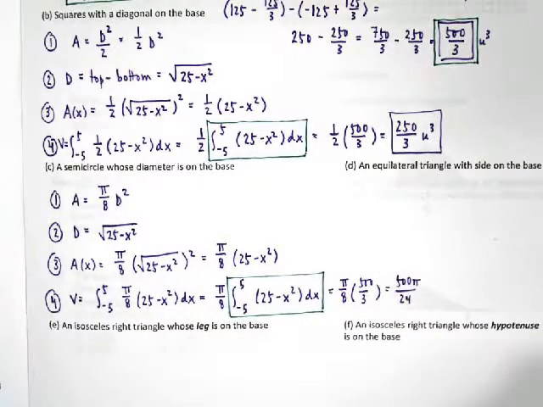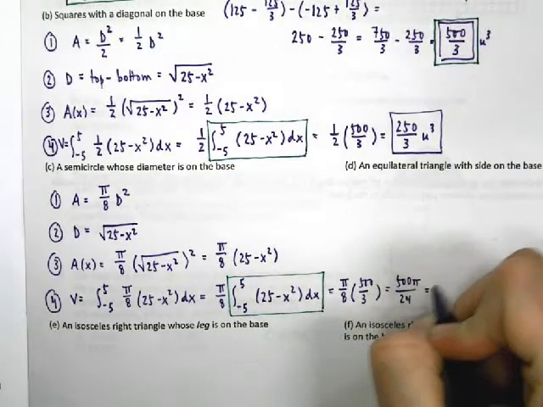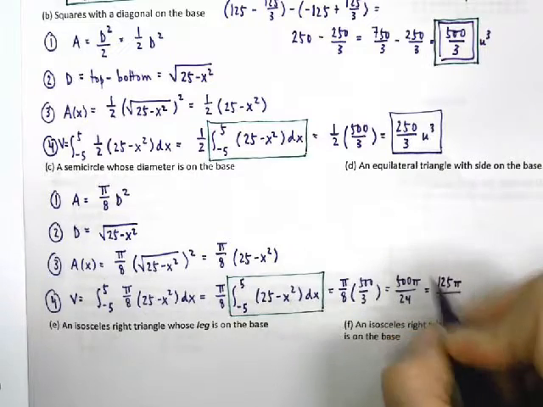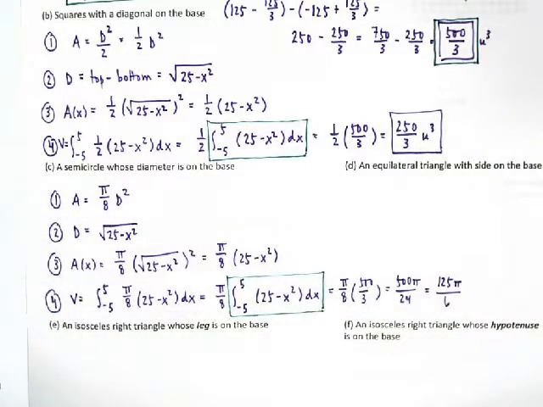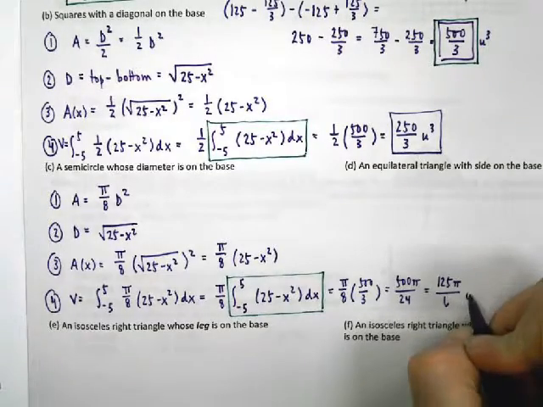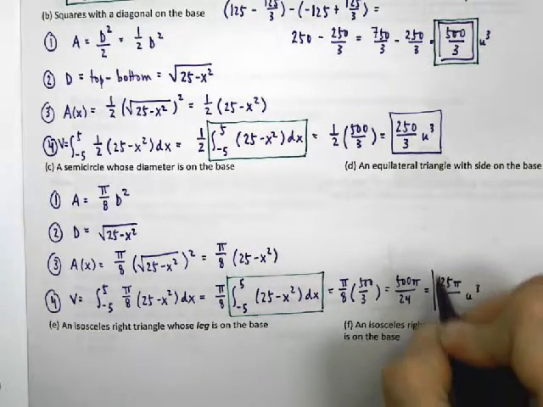And I'll simplify that. That's going to give us 125 pi over 6. So if I divide by 4, I get 125 pi over 6 units cubed.